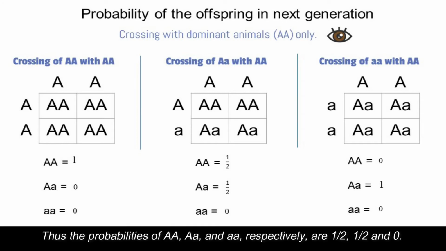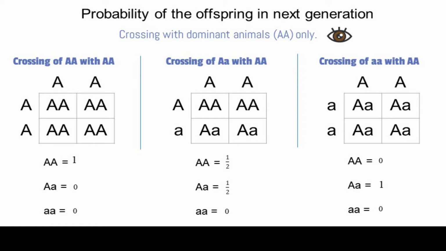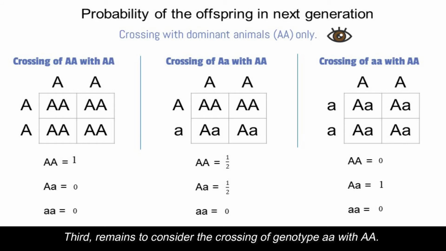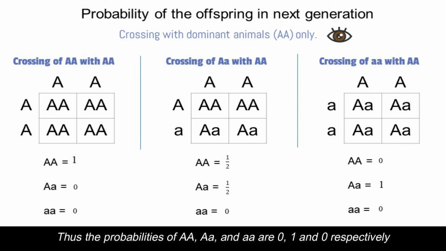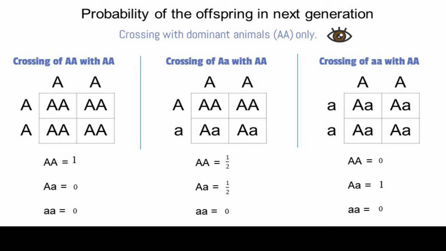Thus, the probabilities of AA, Aa, and aa respectively are 1/2, 1/2, and 0. All offspring again have brown eyes. Third, it remains to consider the crossing of genotype aa with AA. There is only one possibility, namely Aa. Thus, the probabilities of AA, Aa, and aa are 0, 1, and 0 respectively. No offspring have blue eyes.